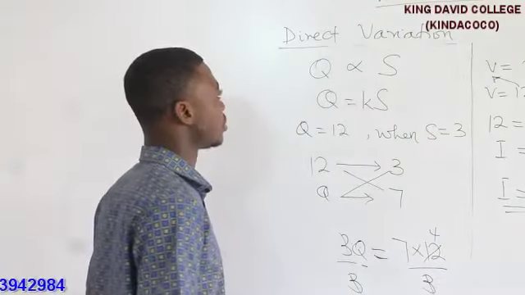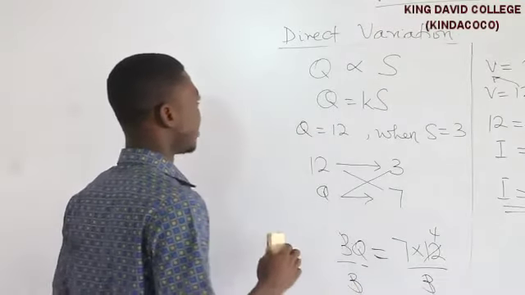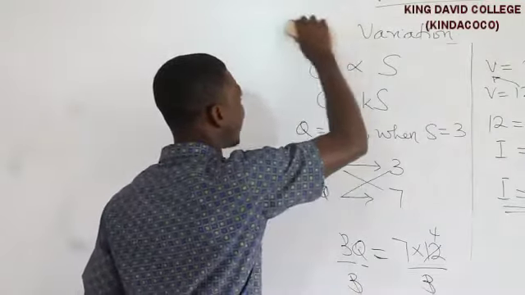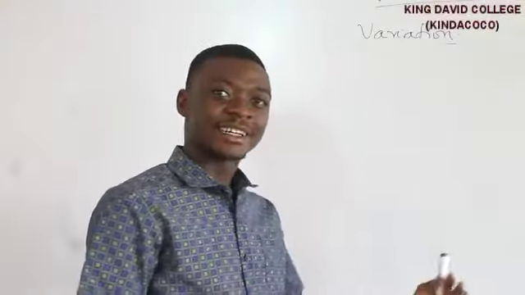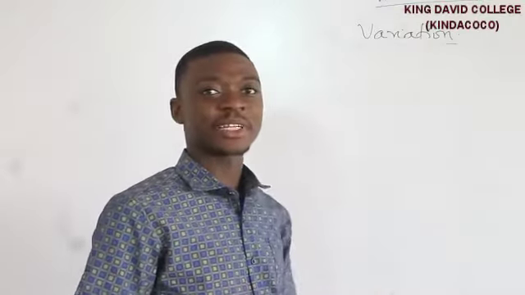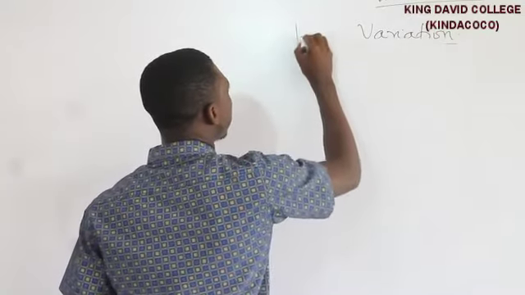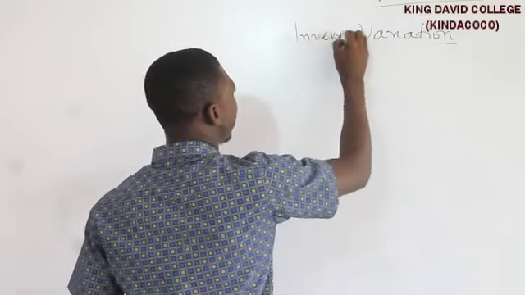Let's go to the other one, which is inverse variation. We have two types. You see that when this is on the rise, this is also on the rise. Or when this is on the rise, the other one is going down. So this is inverse variation.